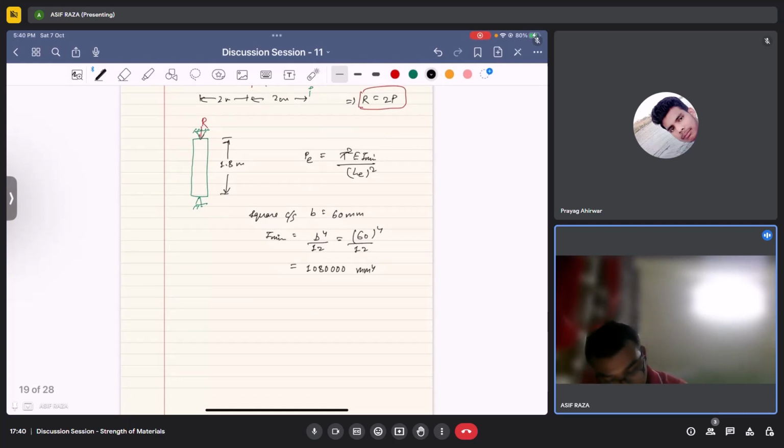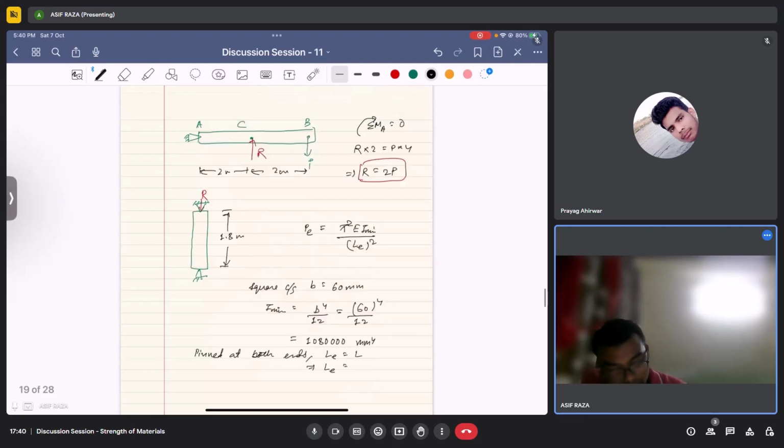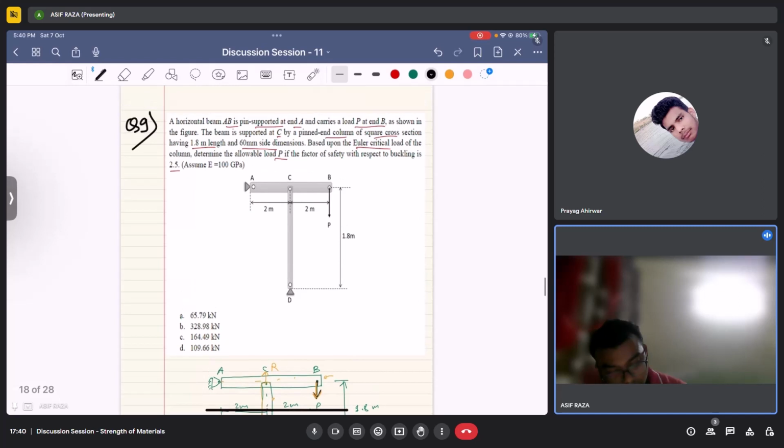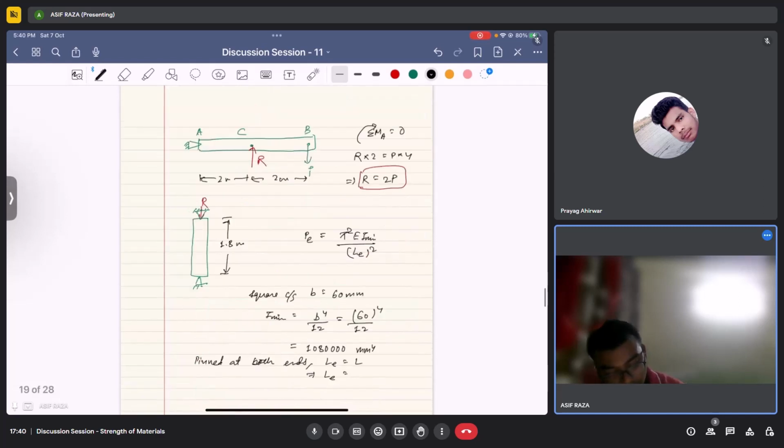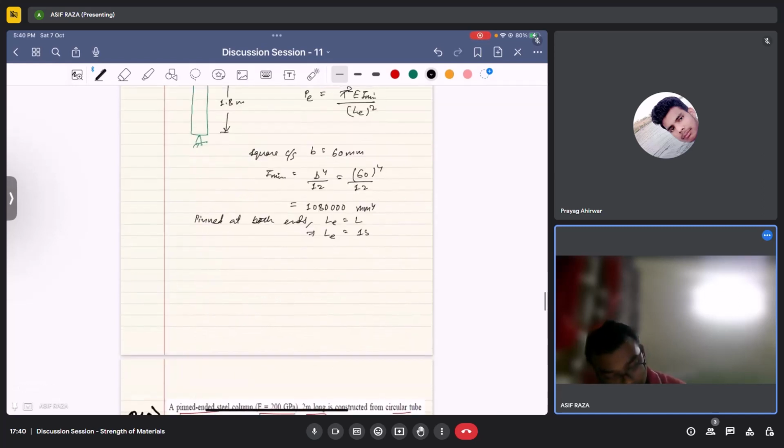Now this is pinned at both ends, so LE would be equal to L, that is 1.8 meter, 1800 mm.